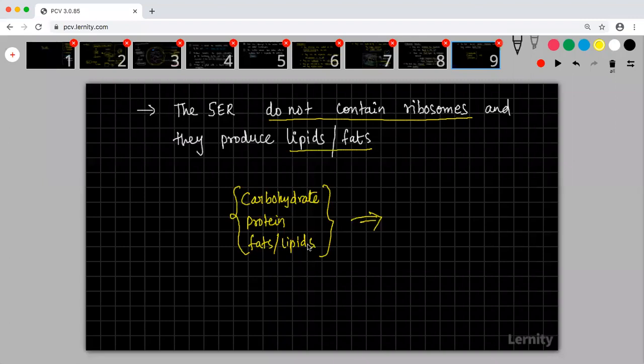Yes, the smooth endoplasmic reticulum, SER. Which part is responsible for producing protein? The rough endoplasmic reticulum will be responsible for producing protein. Are we able to understand?